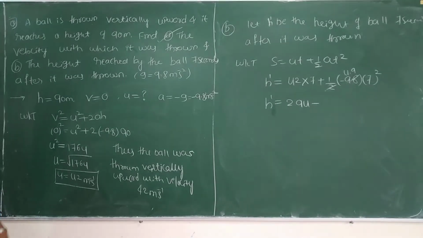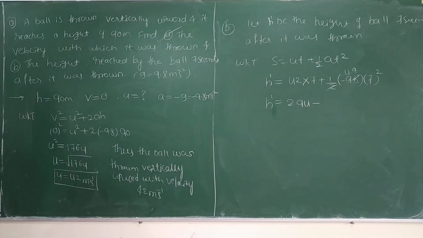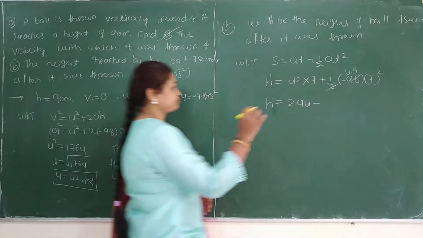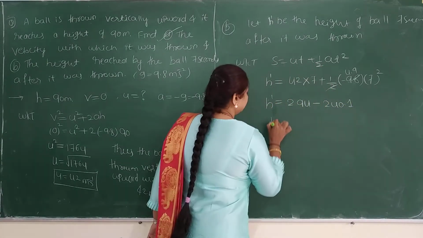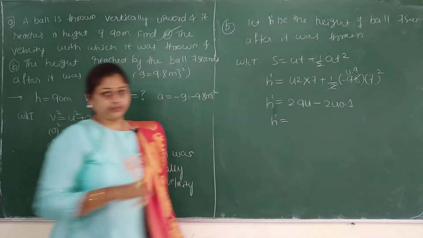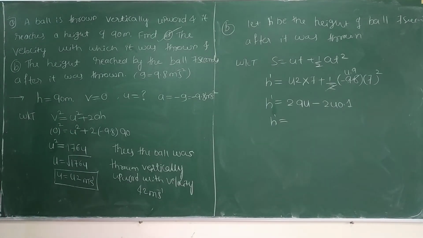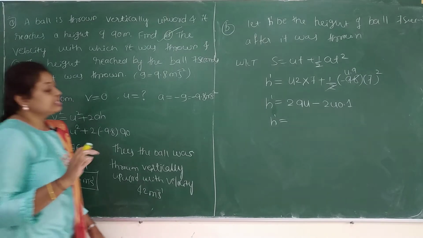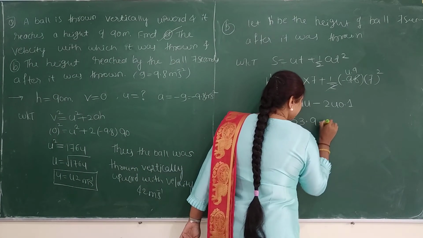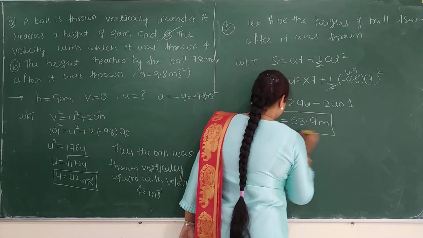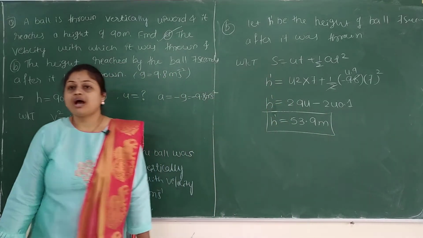Now 7 sevens are 49. 49 into 4.9, how much will you get? 240.1. Now h dash equals 294 minus 240.1, how much will you get? 53.9 meter. This is the h dash answer.